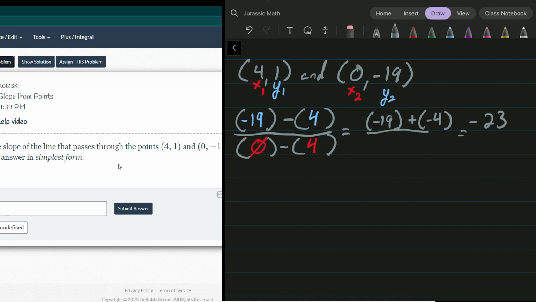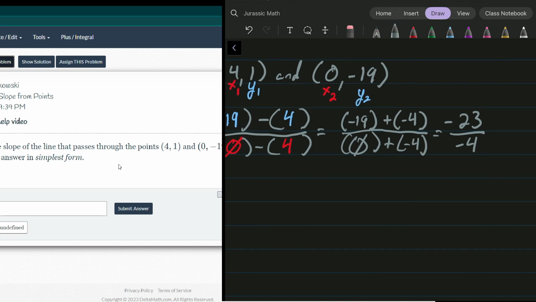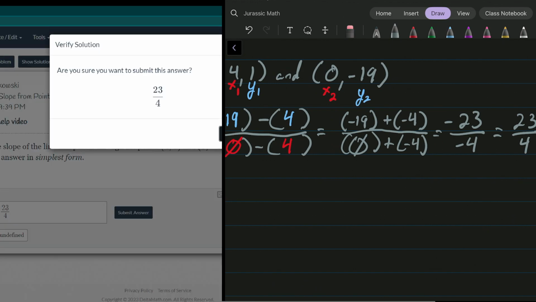And the denominator, keep, change, is going to be negative 4. To simplify this, all you do is say, oh, they're both negative, so that must mean that the answer is a positive. Type in 23 divided by 4.